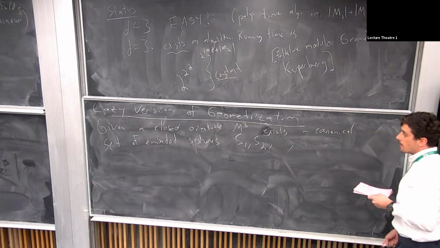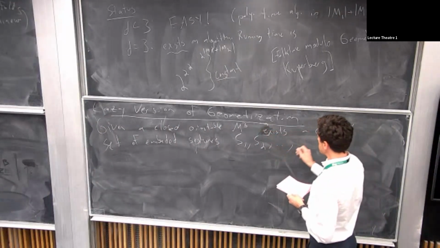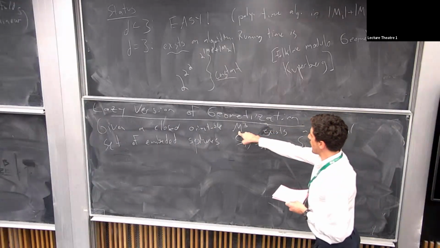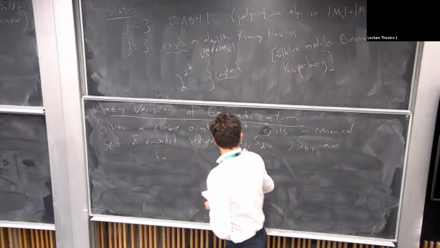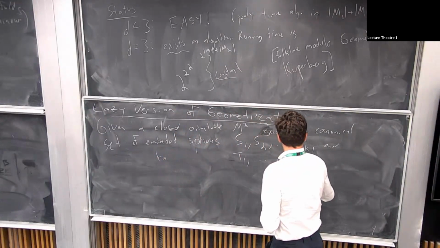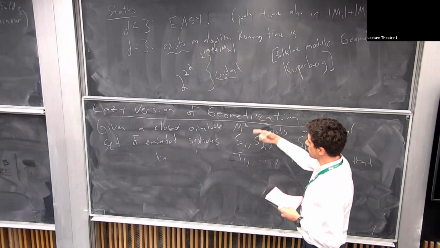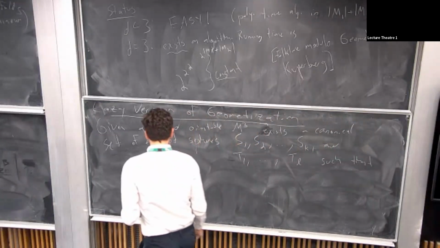Okay, so geometrization says there's a set of spheres, I don't know, maybe there's K of them, embedded in M, and tori, such that the following holds. And these are canonical in the sense that they really only depend on the homeomorphism class of M3, such that the following is true.